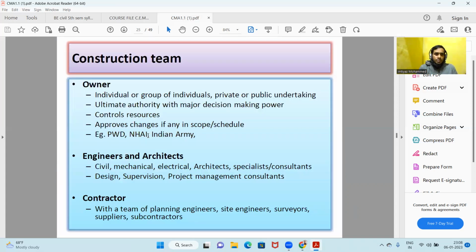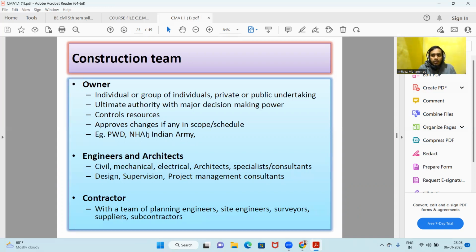So now comes the construction team. In Gehlot and Dhir, you have a good explanation about the construction team. However, we will also be looking at this particular PDF. The construction team mainly comprises the owner, engineers and architects, and the contractor. The owner could be a single person or a group of individuals. The owner could be the Government of India, or a private or public undertaking.